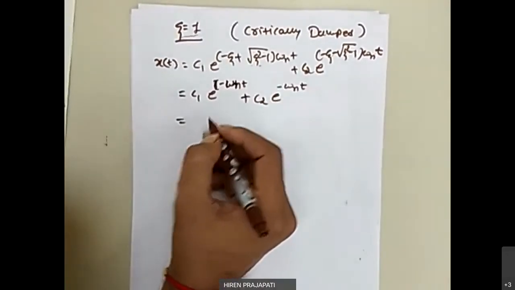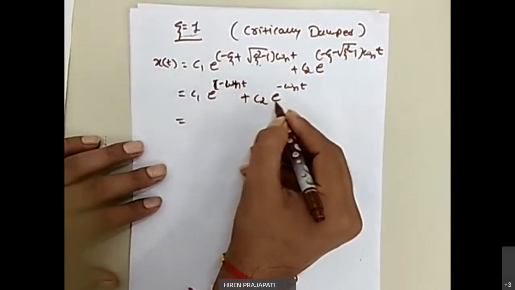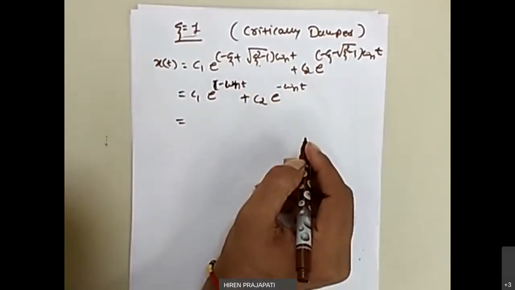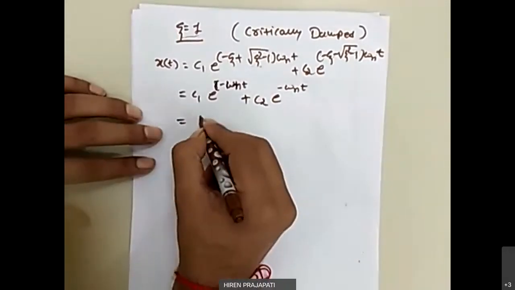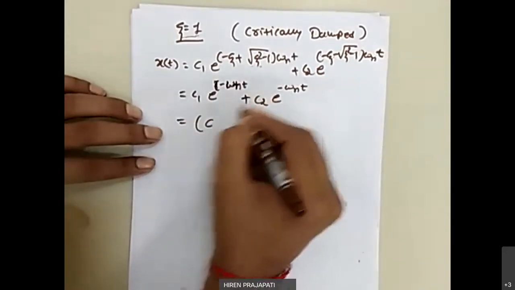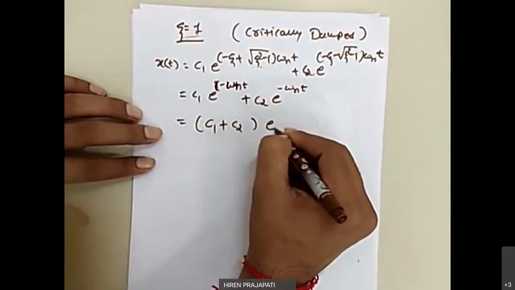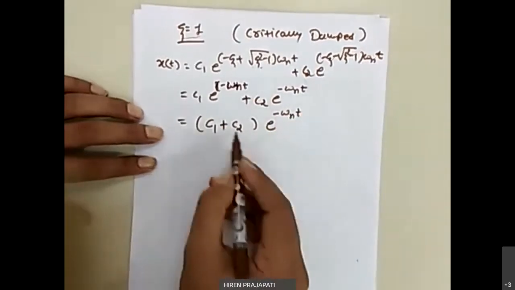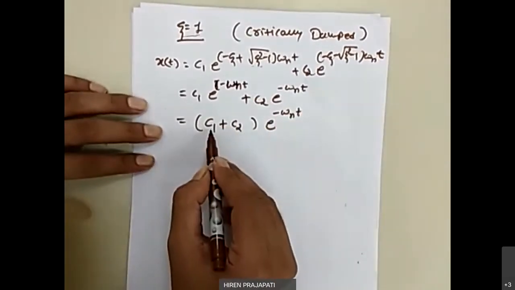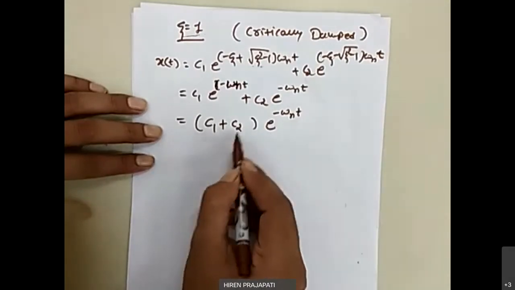So here we are getting C1 e raised to minus omega n t plus C2 e raised to minus omega n t, in both cases minus omega n t. If I take that common, then C1 plus C2 times e raised to minus omega n t, but I cannot do that. Otherwise this C1 plus C2 becomes a new constant.